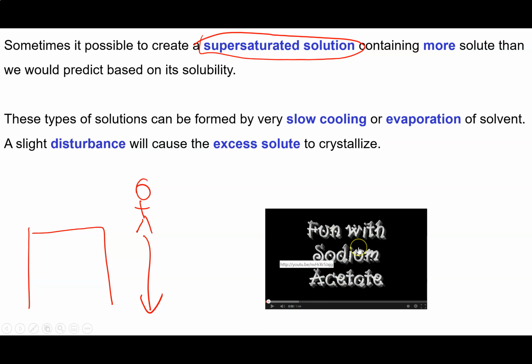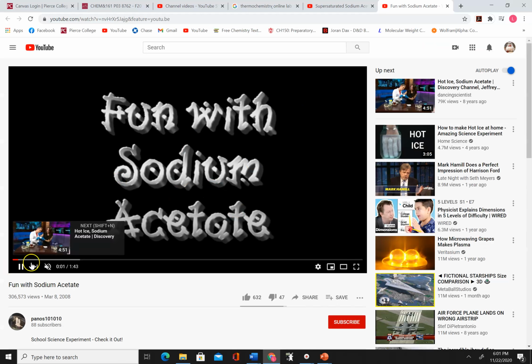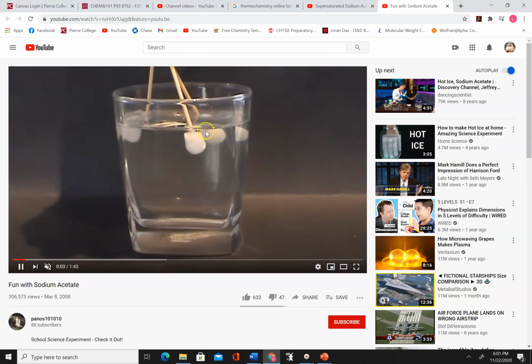So a very famous substance that you can prepare a supersaturated solution of fairly easily, and you can find recipes on the internet to do this, is sodium acetate. So I'll show you what that looks like now. So here we have a supersaturated sodium acetate. So we've got a solution here.